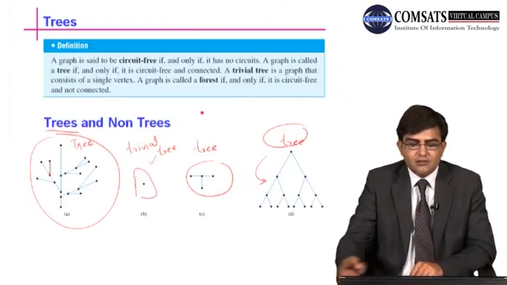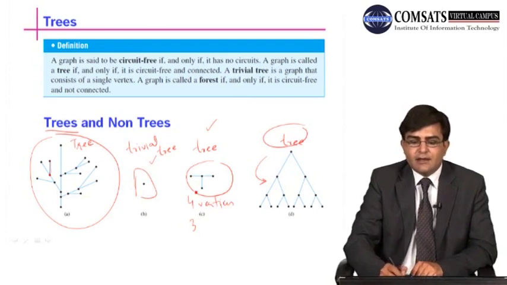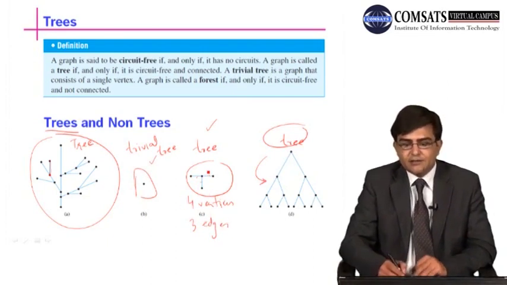For example, this one is simple, it has 4 vertices and 3 edges, 1, 2, 3 edges. It's a connected graph, so it must be a tree.